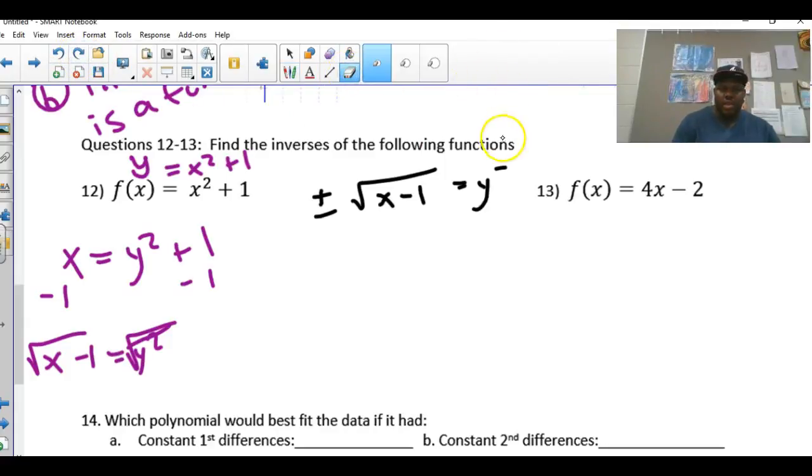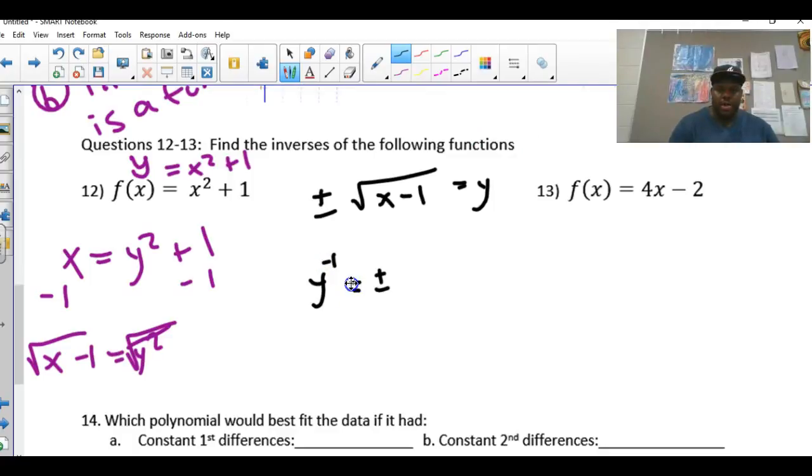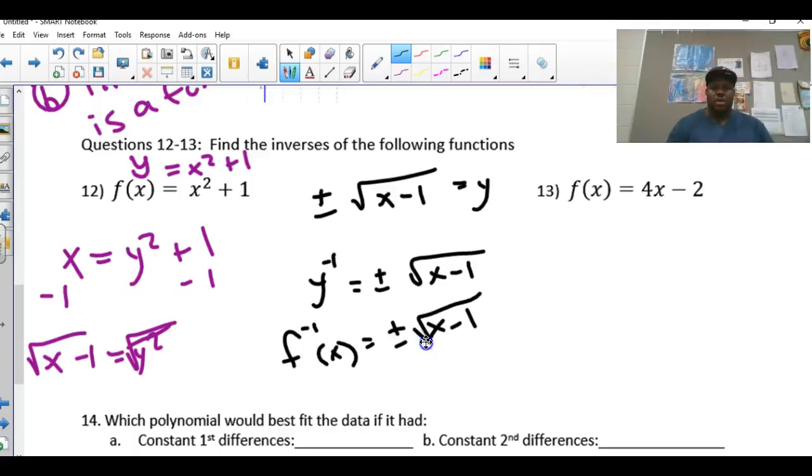When you solve it, it equals y. Now, I'm going to say that the inverse, the y inverse, is plus or minus the square root of x minus 1. Or you could say the inverse function is plus or minus the square root of x minus 1, right there, okay?